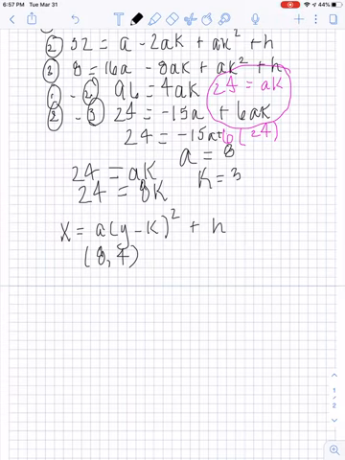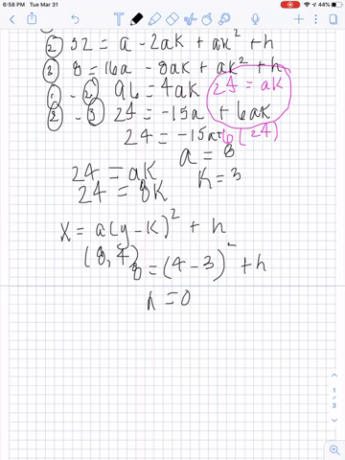There's no real rhyme or reason there. So x is 8, y is 4, k is 3, squared, plus h, which I don't know. Plug it all in, do the math, and you end up with h is 0. Whew.